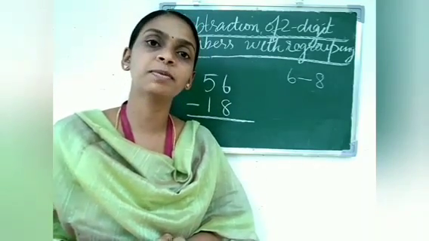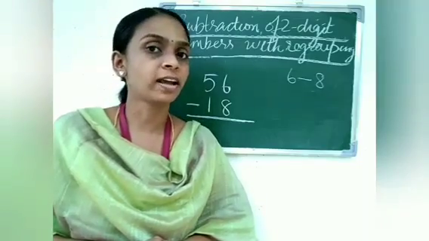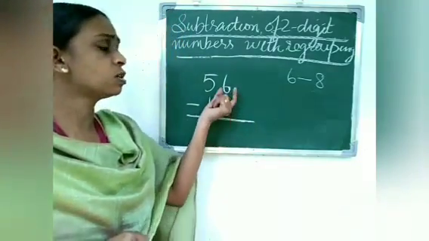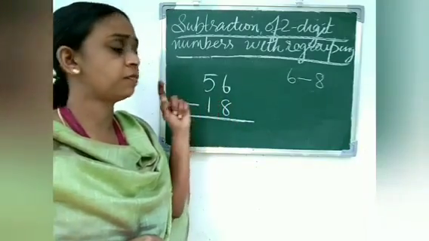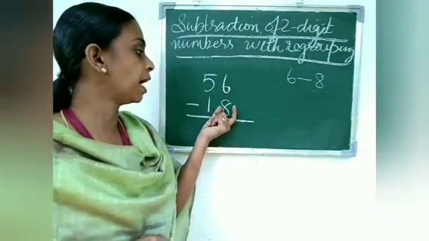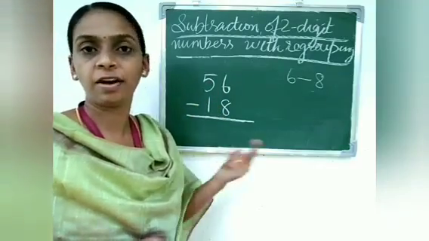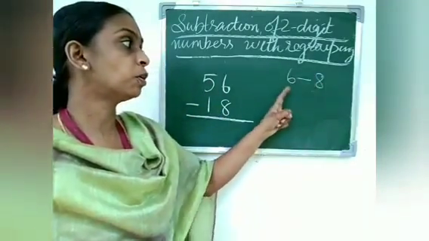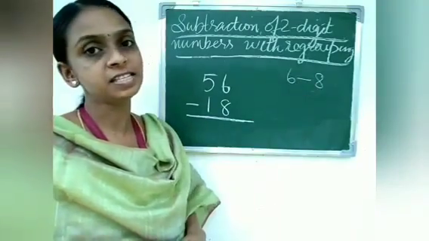It is impossible to take 8 chocolates from 6 chocolates. So we are not able to subtract 8 from 6. 6 minus 8 we have to do, but it is not possible to take 8 from this 6.